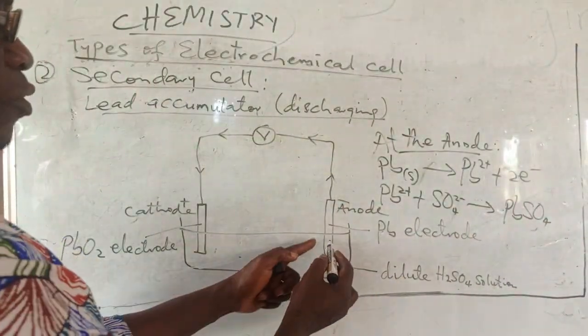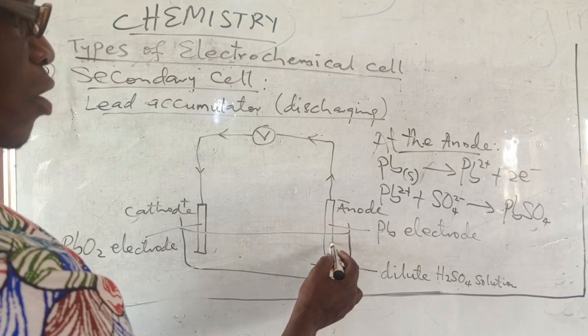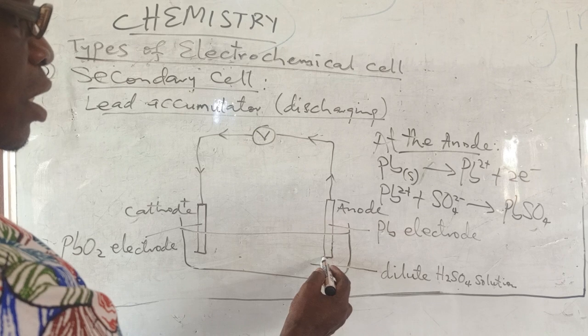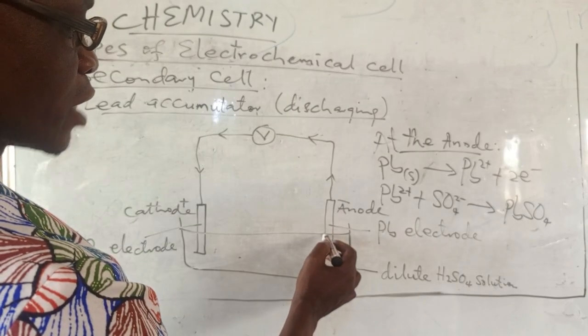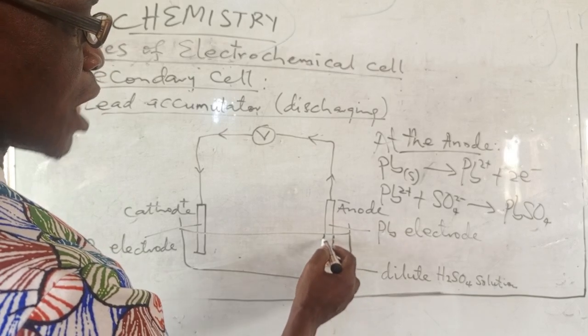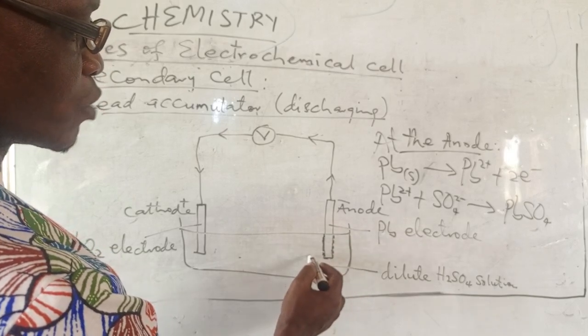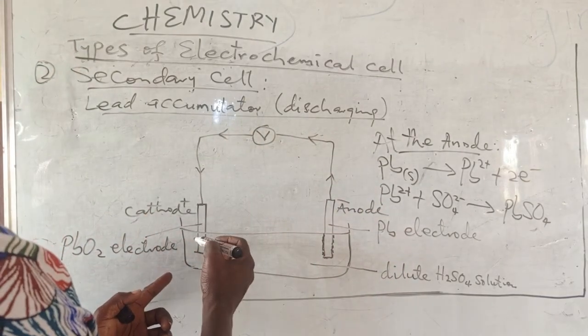And then it will stick on the surface here and cover the surface of the real lead. At some point, the surface will not be allowed to get in contact with the acid for the reaction to continue. Now, those electrons are flowing down.